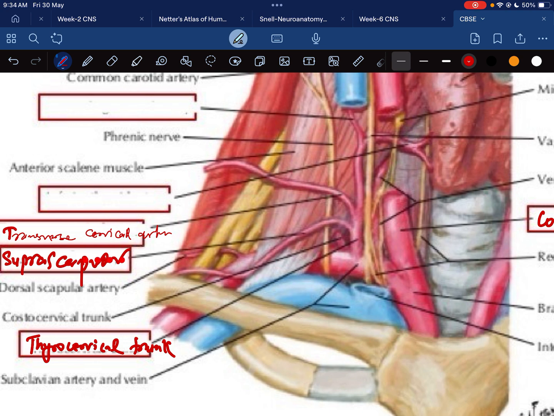And after that there is the inferior thyroid artery.